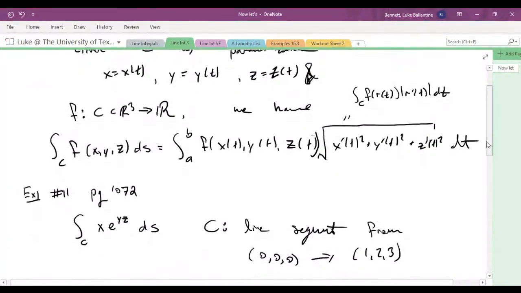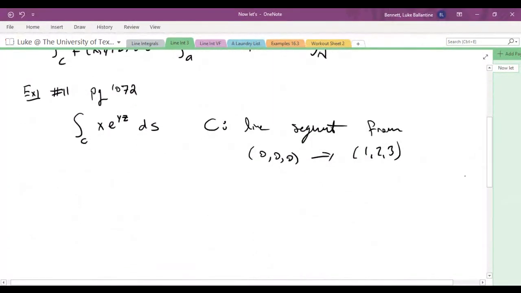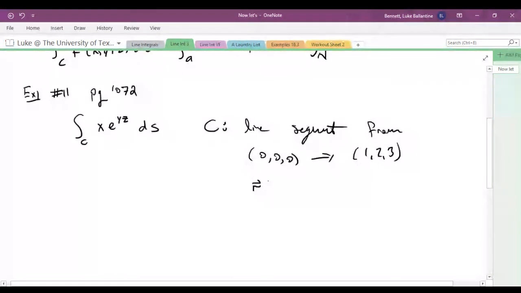So let's look at an example. C is a line segment from 0, 0, 0 to 1, 2, 3, and we're integrating this function of 3 variables. Okay, so let us find a parameterization for C. Remember from earlier in this class, we can parameterize a line by doing P naught plus tV.